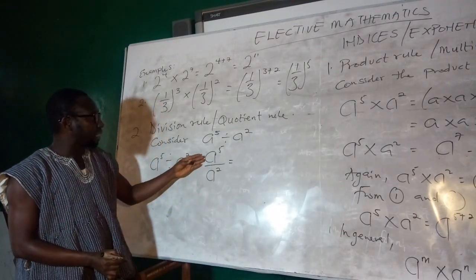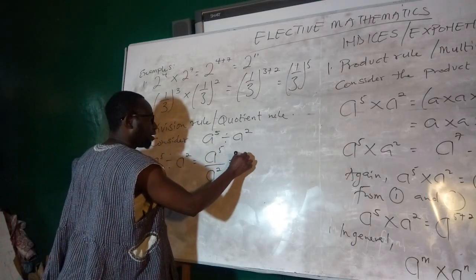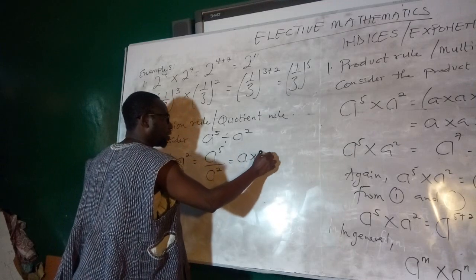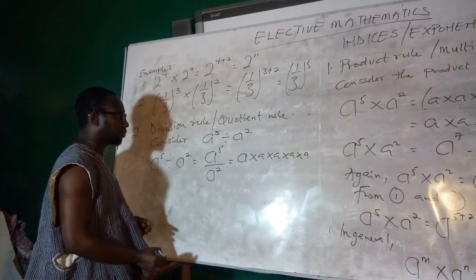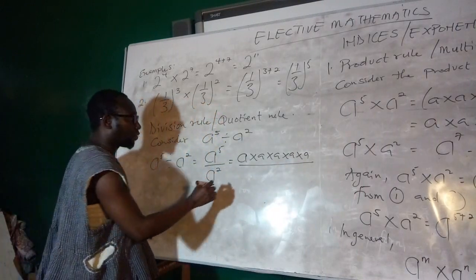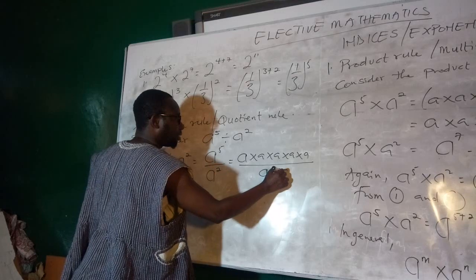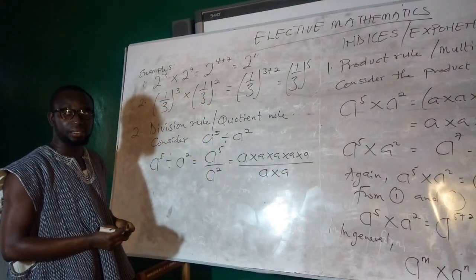Now when we write a raised to the power of 5 in expanded form, it is written as a times a times a times a times a over, now a raised to the power of 2 is also written a times a. Now we can cancel.